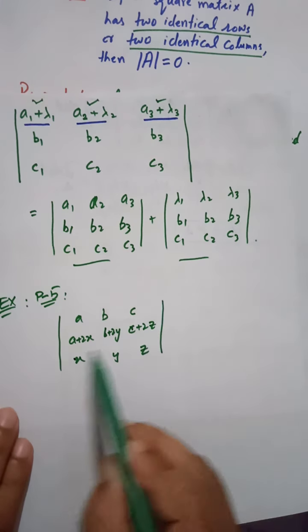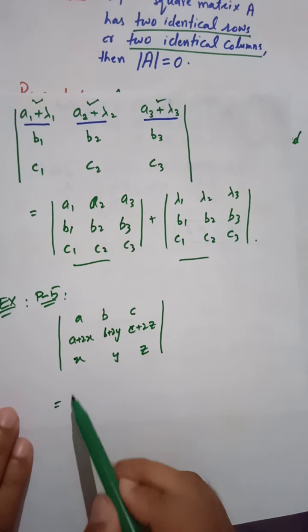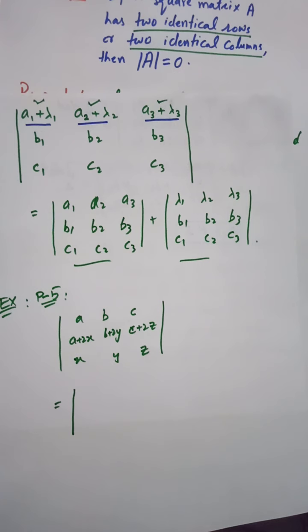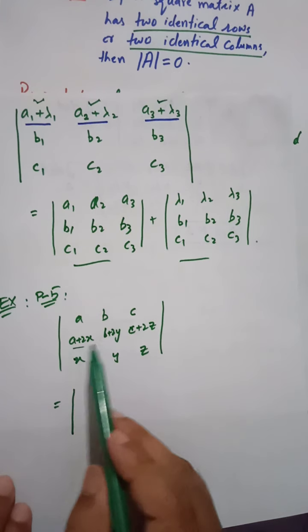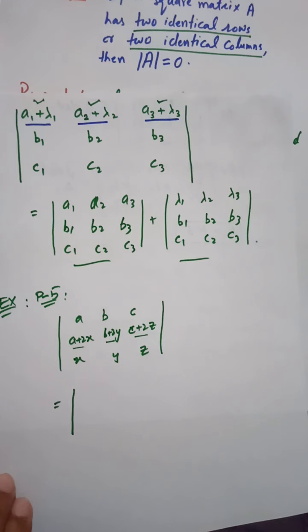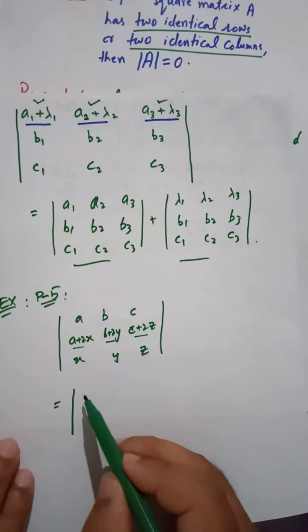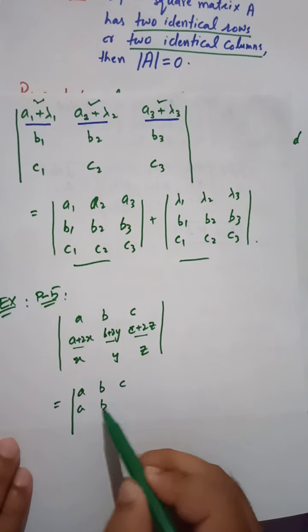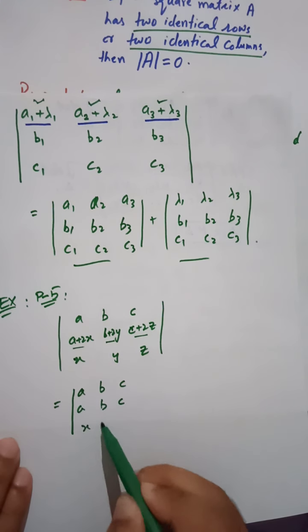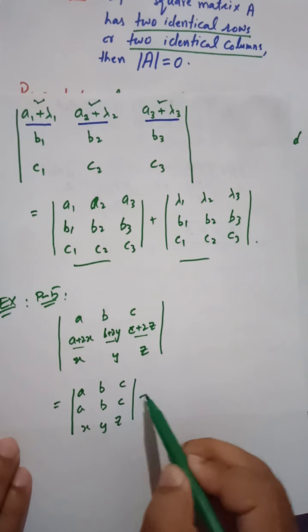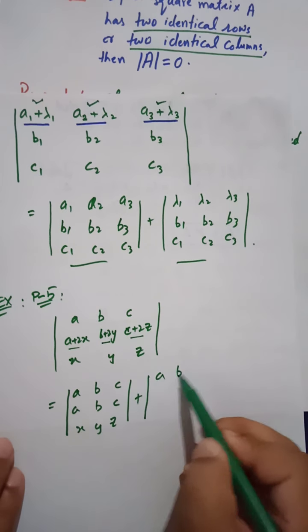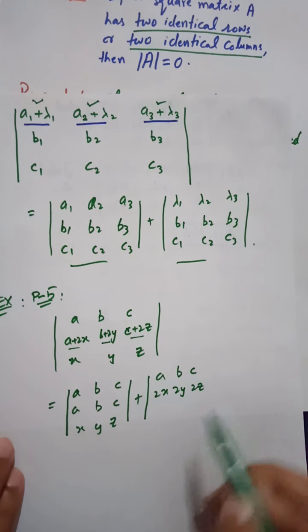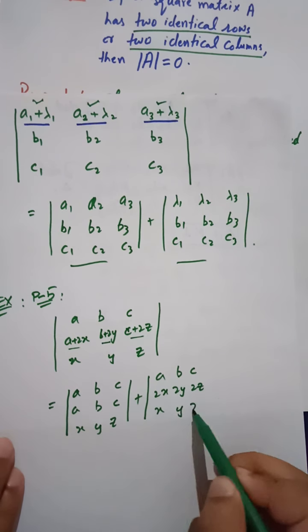So you see that in the second row, the elements are written in the form of two terms. So this determinant can be converted into two determinants, and that will be written in this form: a, b, c, a, b, c, x, y, z plus a, b, c, 2x, 2y, 2z, x, y, z.